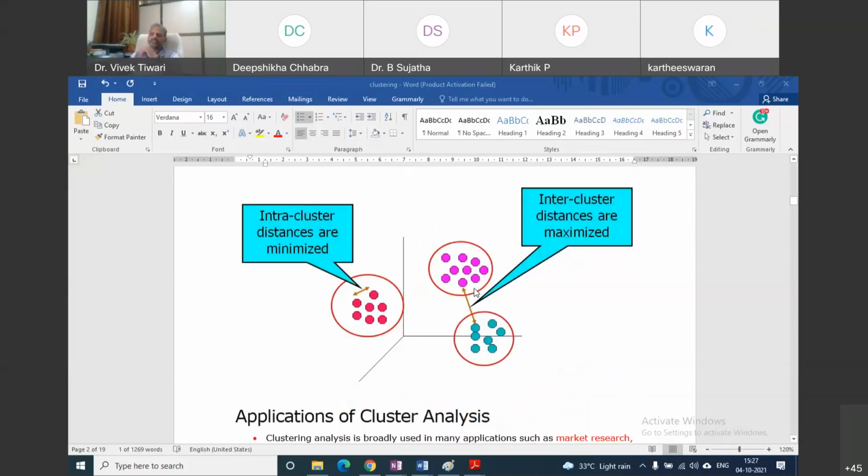Graphically, we can understand what that means. Suppose you consider the whole data set, and you apply the clustering process, and three clusters are created. Within a cluster, you see the distance between these data points, and we will try to minimize it. We try to make very dense clusters so that all the data points share the same property.